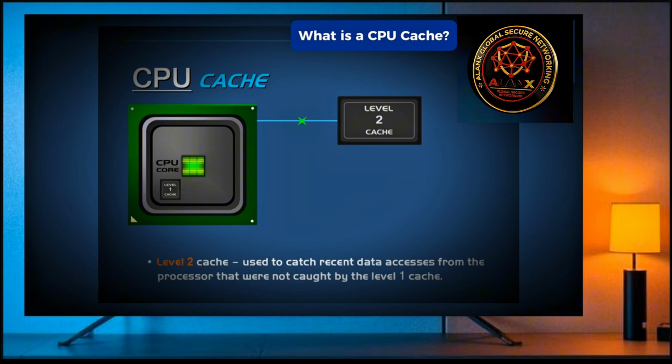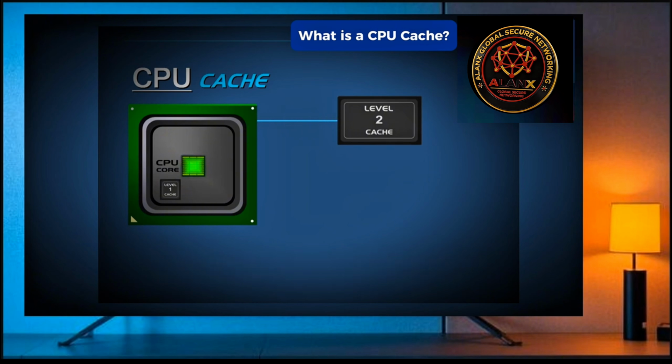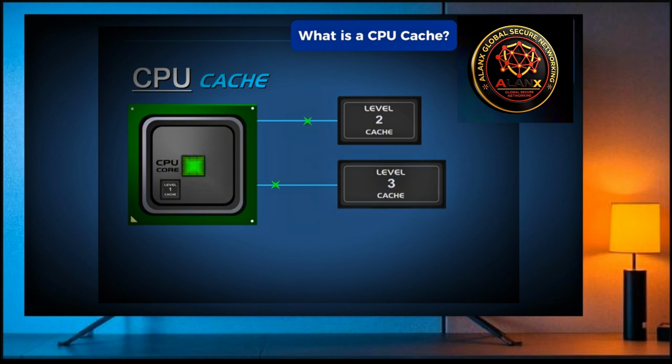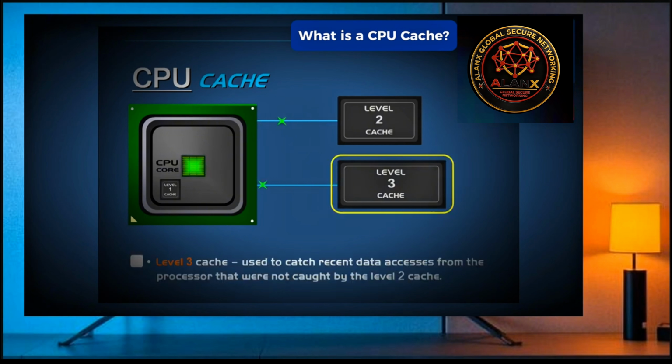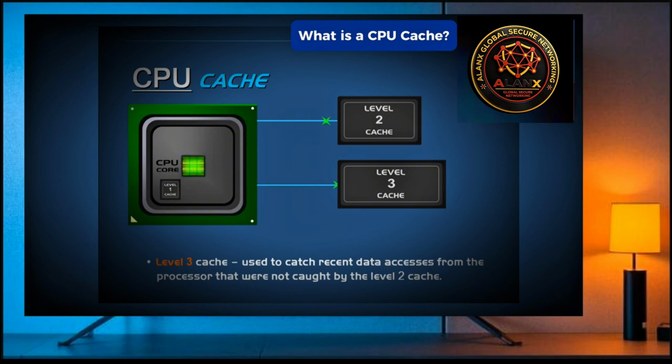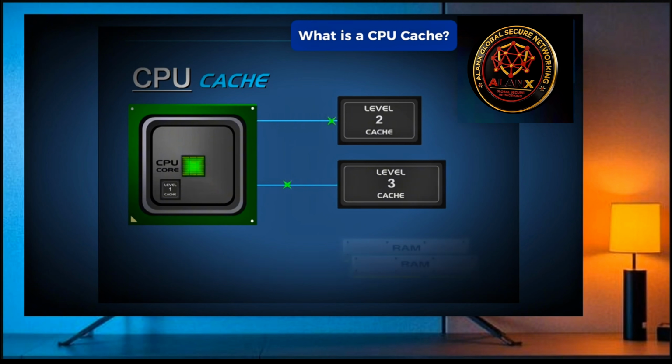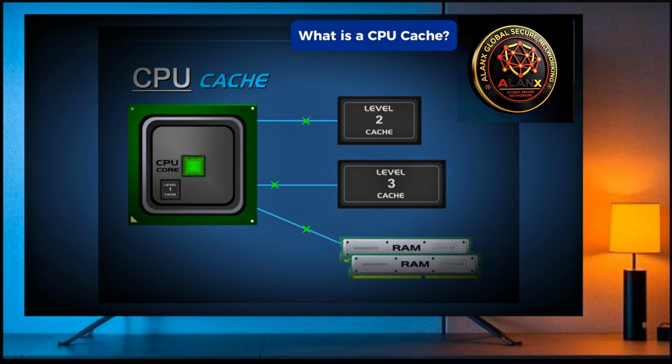And if the CPU can't find the data in the level 2 cache, then it searches the last level of cache, which is level 3. Level 3 cache is used to catch recent data accesses that were not caught by the level 2 cache. And finally, if level 3 doesn't have the data, then the CPU has to go back to the slower RAM to find the data it needs.